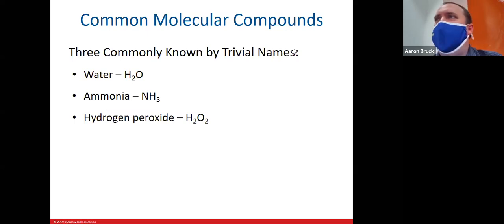Instead of nitrogen trihydride for NH3, NH3 has forever been known as ammonia. Instead of dihydrogen dioxide, H2O2 is commonly known as hydrogen peroxide. Those are the 3 that you have to know that are molecular, that are not named by this naming system.